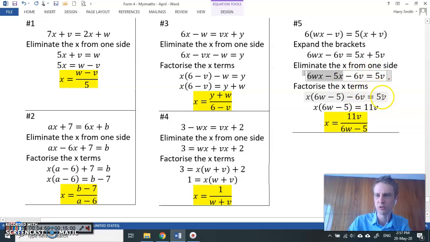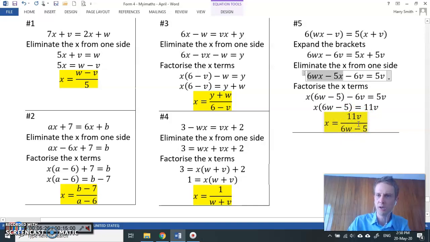Moving our 6v onto this side gives us our 11v, and then moving the 6w minus 5 to the bottom there. What we're doing in that last step is we're dividing both sides by 6w minus 5. So x times 6w minus 5 divided by 6w minus 5 is x, and 11v divided by 6w minus 5 is that one there.